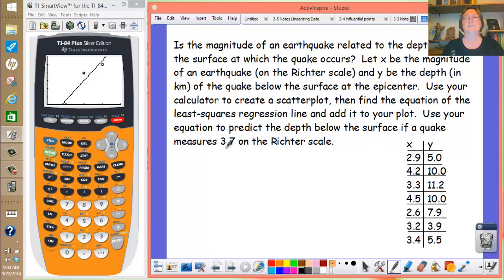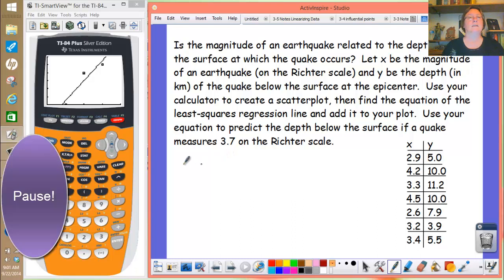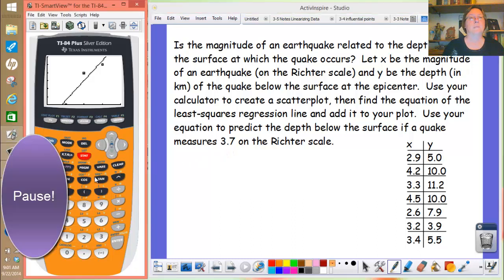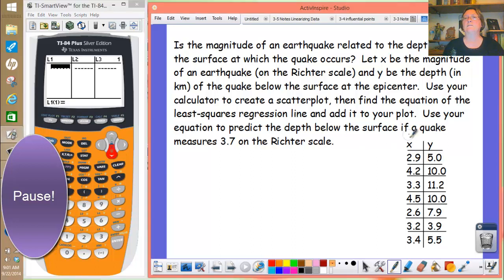So what this says is to use the calculator to create the plot, find the equation of the least squares regression line, put it with your plot, and then use the equation to predict the depth below the surface if that quake measures 3.7 on the Richter scale. Alright, I ask you to stat and enter. Have you put the x's in list 1, the y's in list 2, and then carry on. So pause the video and let's try that.